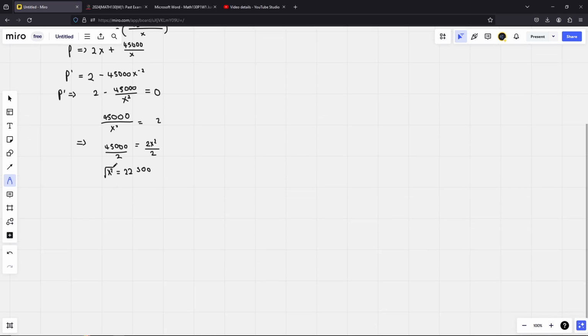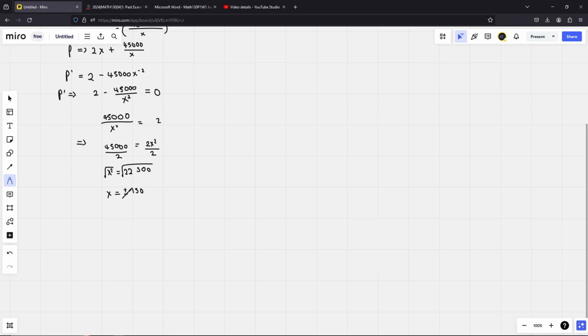Now taking the square root of both sides, I get that x is going to be equal to plus or minus. Now if you put this in a calculator, this is going to be 150. And let's think about the plus or minus. So if I think about the dimensions of a rectangle, well, the dimensions of a rectangle cannot necessarily be negative.